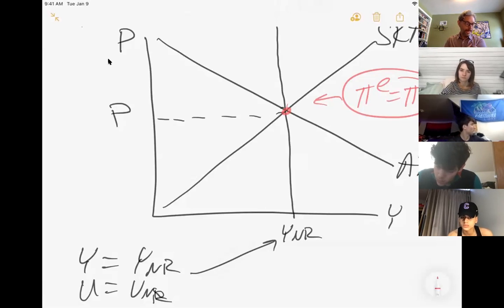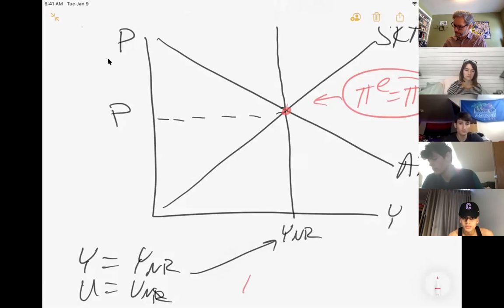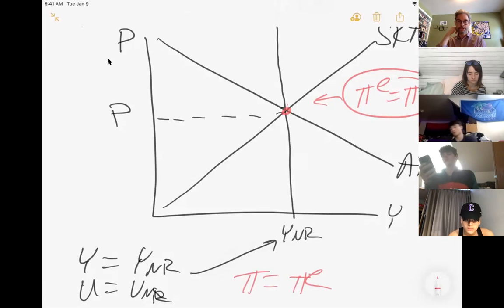So this also has to be true in the long run. Put this down here. Right? Those are the things that we know have to be true in the long run. That actual inflation is equal to expected inflation, that output's equal to the natural rate, that unemployment's equal to the natural rate.